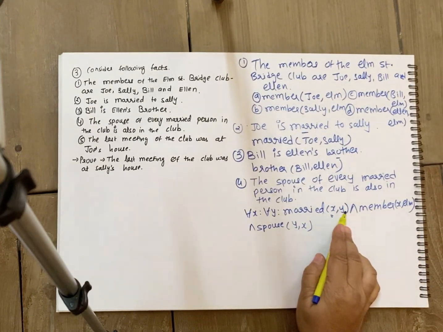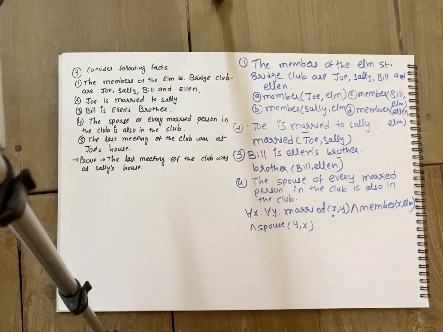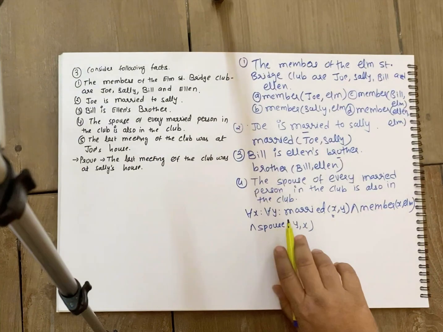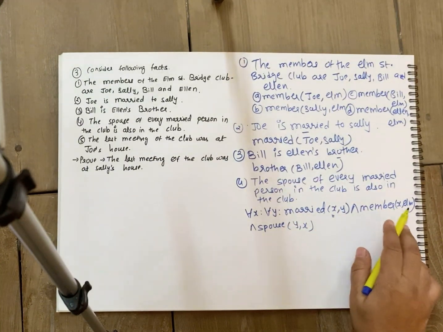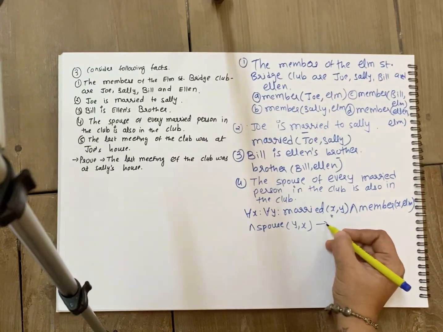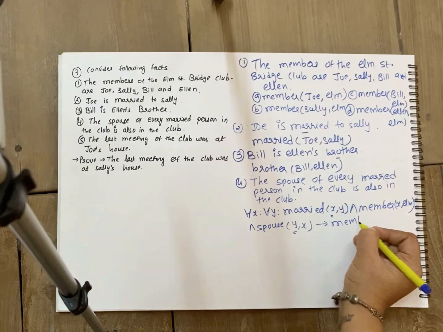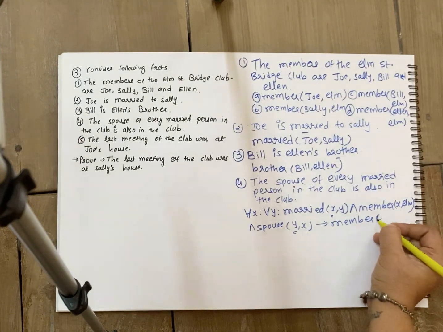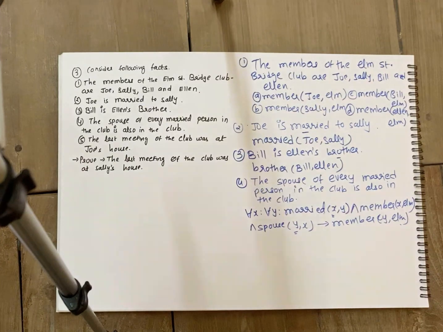X is married to y; inherently we can say y is spouse of x. So if x is married to y and x is member of ELM and y is spouse of x, it implies y is also going to be member: member(y, ELM). Simple. Are you getting this?